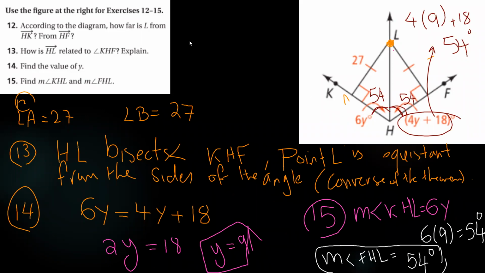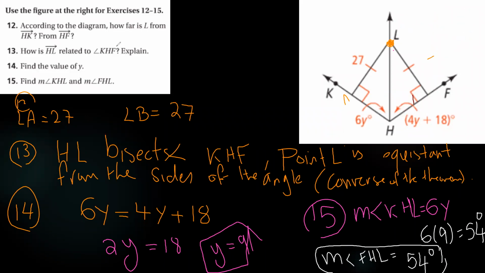I named this point A and this point B. Because when I asked you how far point L is from the line, no one understood the question. I told you what is the length of LA, and you told me it's 27. Okay, Miss. Do you have any questions? No, Miss. Thank you so much.